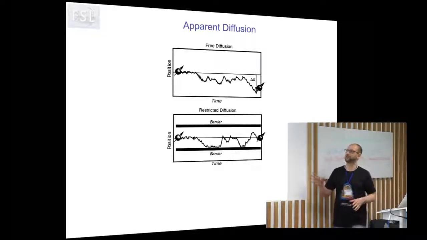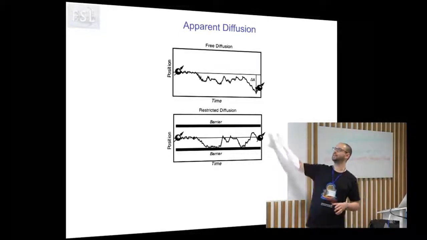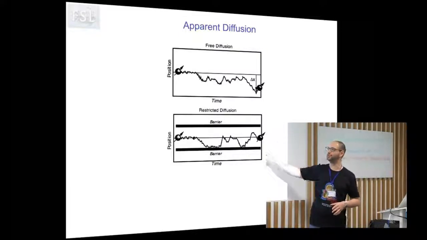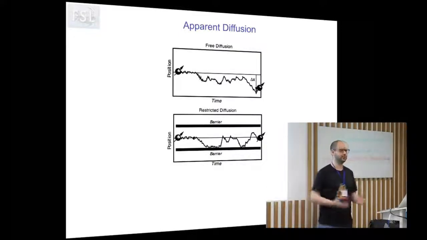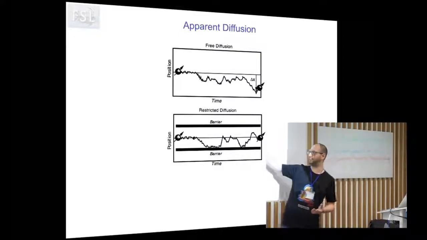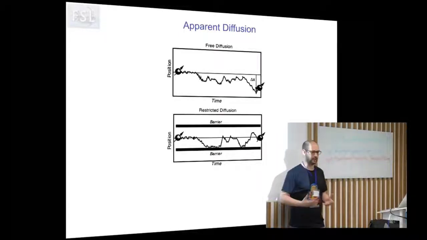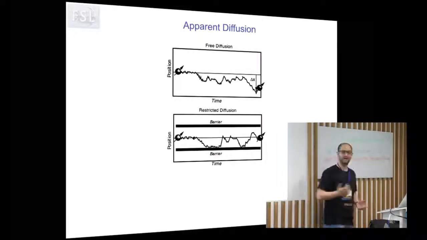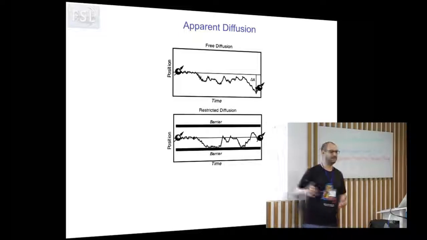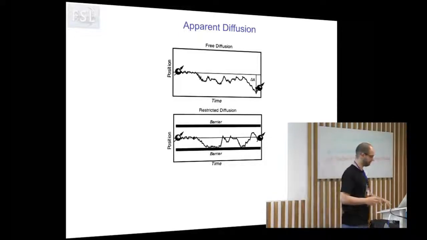So, given two different scenarios, let's say, in which you have totally free diffusion and another one in which you introduce a barrier, like, for example, two axons very close to each other, and a single water molecule that can diffuse throughout a certain amount of time.